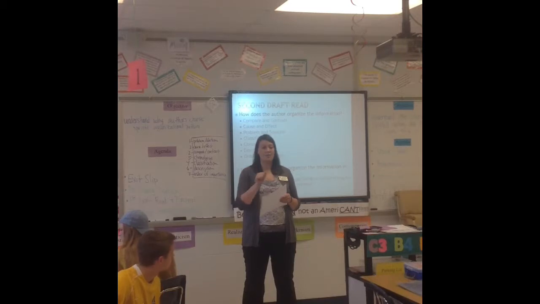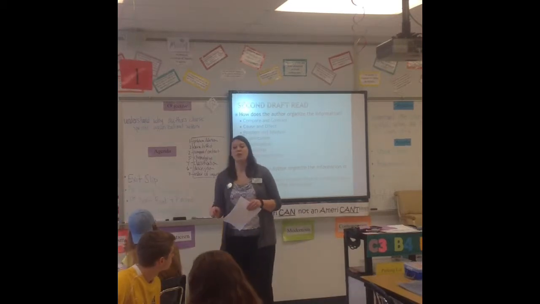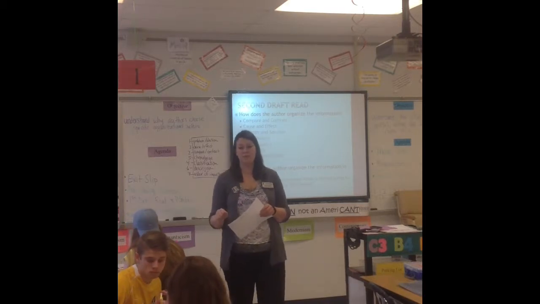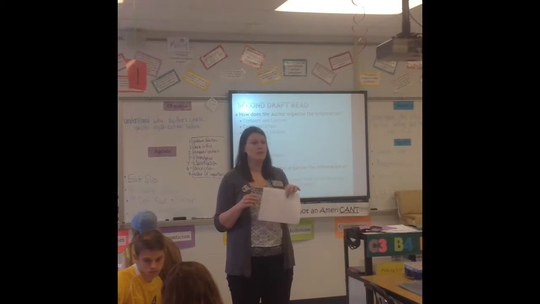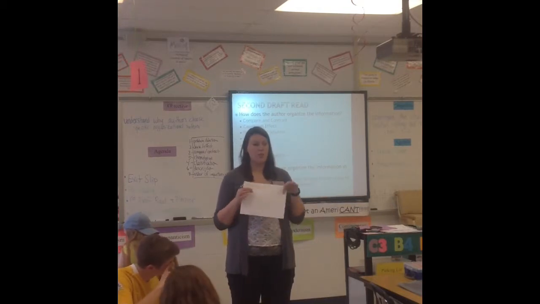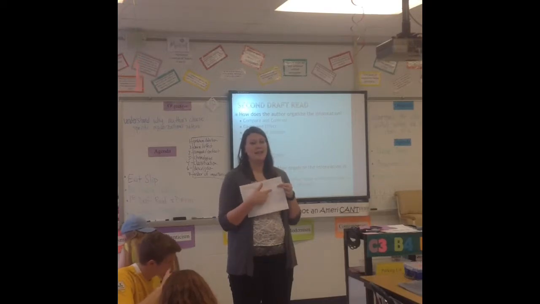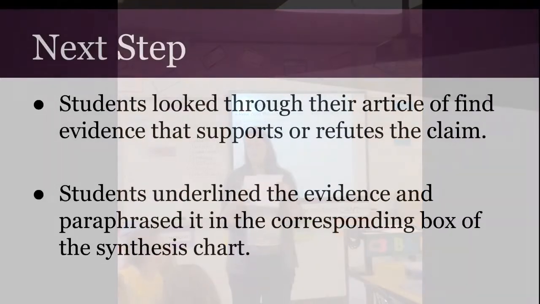You can highlight the quotes, just like we did in previous units. You highlight the quote in the article, or underline it, and then paraphrase it in the chart. If you remember, the whole point of paraphrasing is that you're not just copying it from one place to another. Paraphrasing shows that you understand.